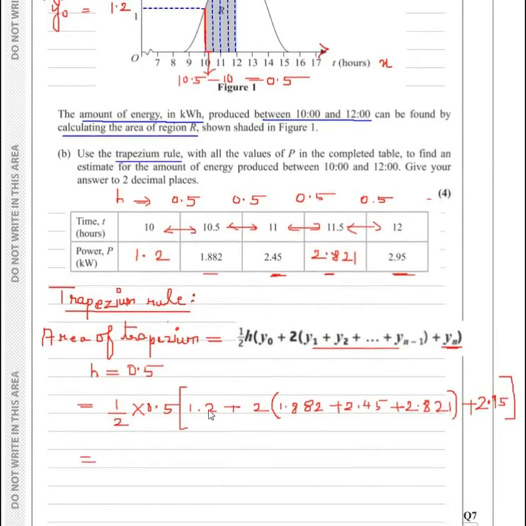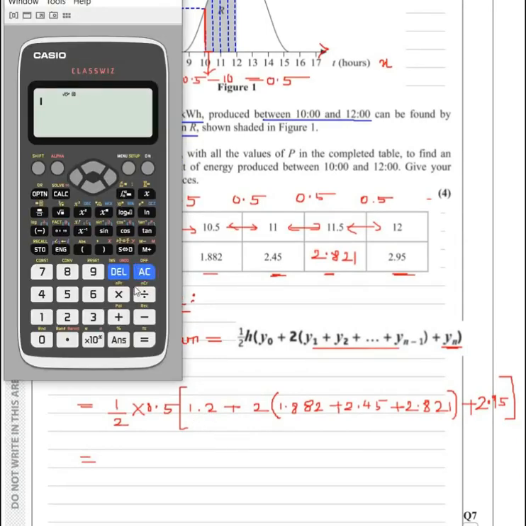So let us calculate this using the calculator. Okay, so let us calculate now. I will take the bracket values first. So I will be taking it as 1.2 plus 2 multiplied with 1.882 plus 2.45 plus 2.821, close the bracket, plus 2.95.